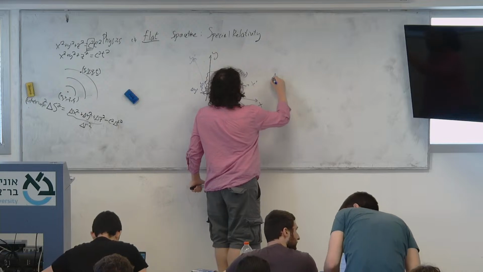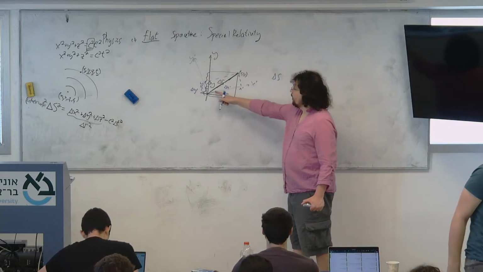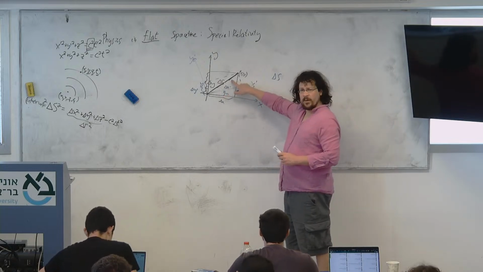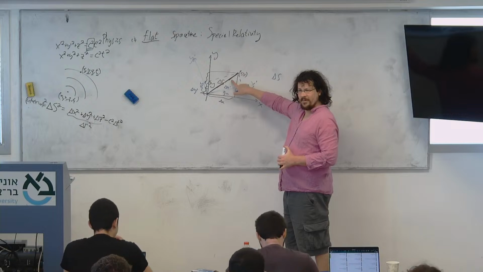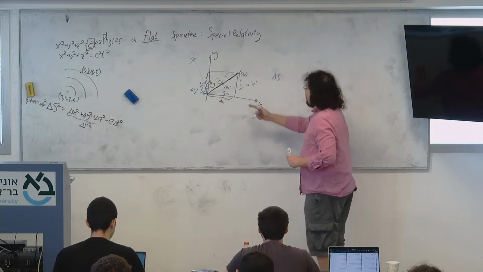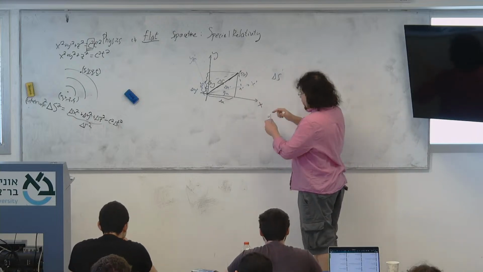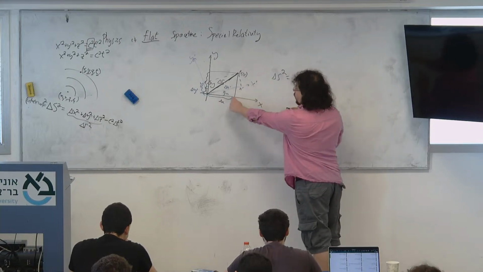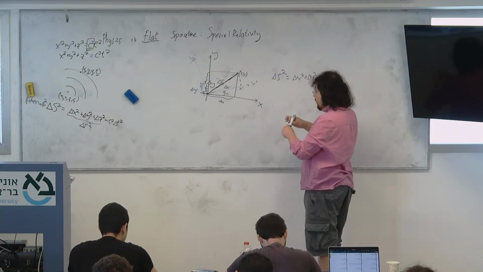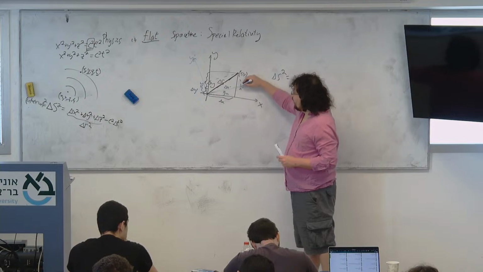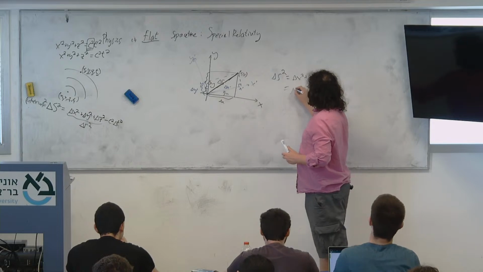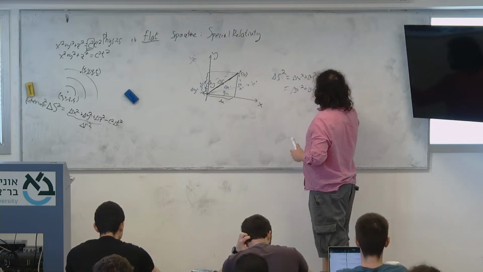Because of course delta s, you will think of it as the... how do you say yeter in English? Distance? No, yeah. Hypotenuse. The hypotenuse. The hypotenuse squared can be described in the black triangle as delta x squared plus delta y squared, or I can describe it as a hypotenuse in the right angle triangle in blue, delta x prime squared plus delta y prime squared.